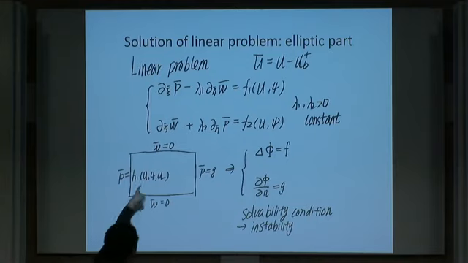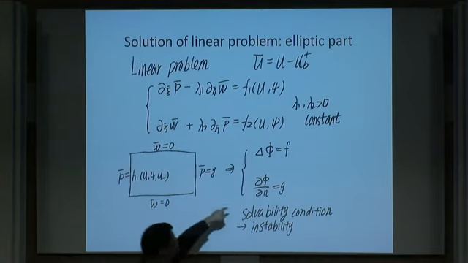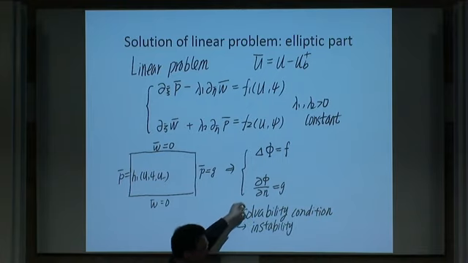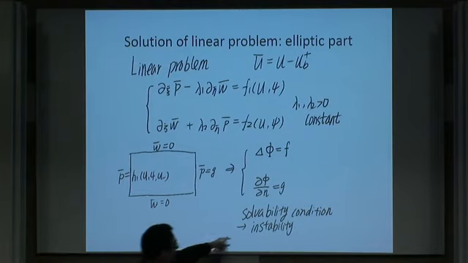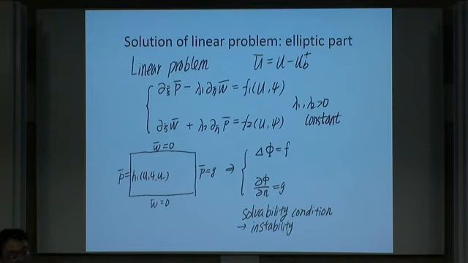Actually, from this we can derive a Neumann problem, a Poisson equation, so obviously it needs a solvability condition. This is the mathematical reason why such special transonic shocks are not stable.